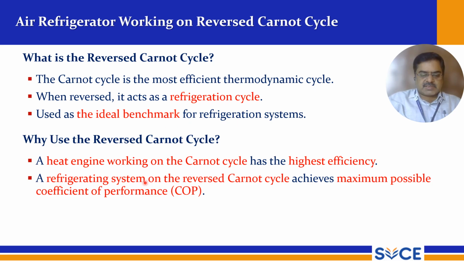A refrigerating system on the reversed Carnot cycle achieves the maximum possible coefficient of performance. So, as the highest efficiency in the case of a heat engine, here in a refrigerator we have the highest coefficient of performance. That is the biggest advantage.